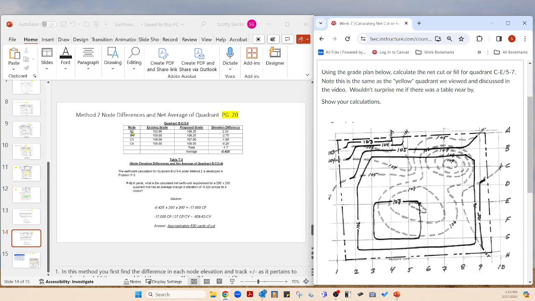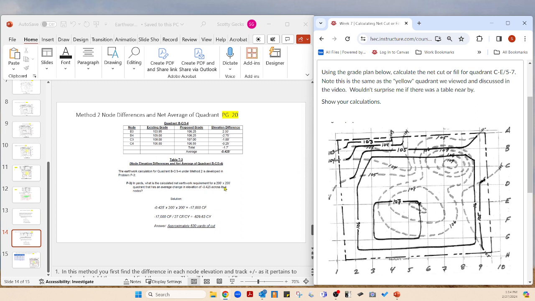So you take your node, and I always take the existing grade of that node and subtract the proposed grade from it, and that is my elevation difference. There's nothing wrong with this number. It's just a fill.